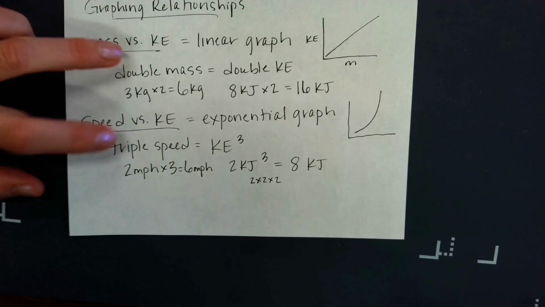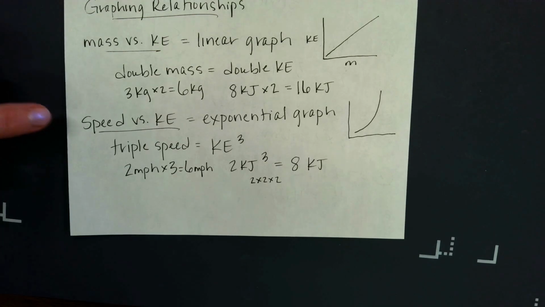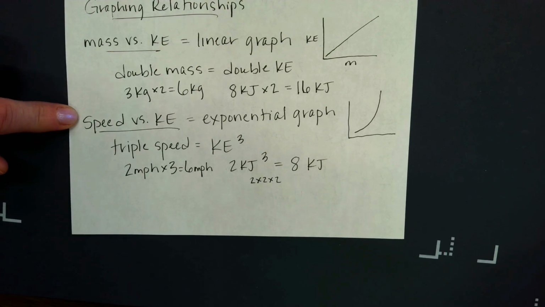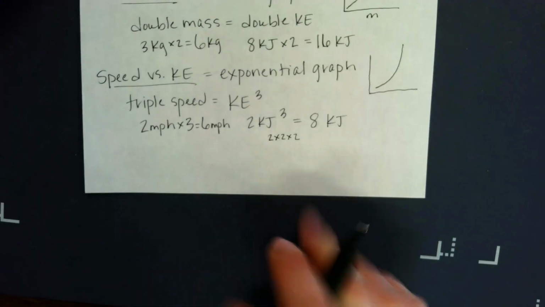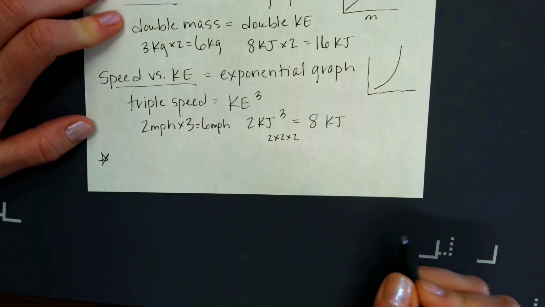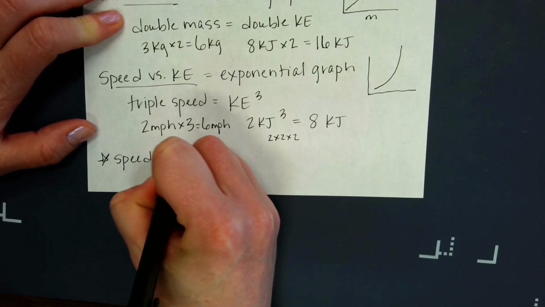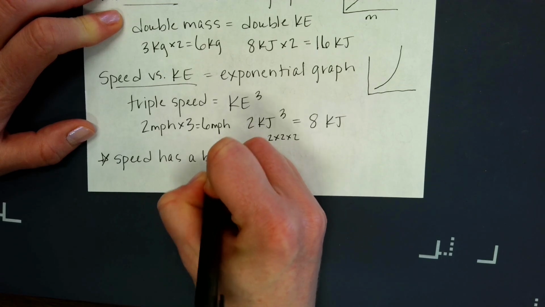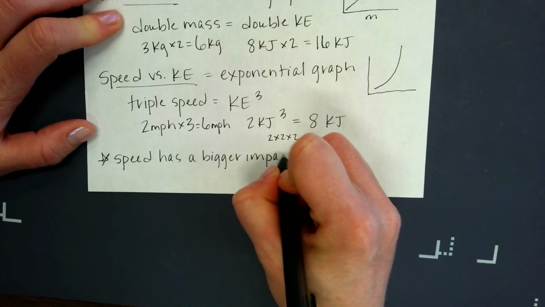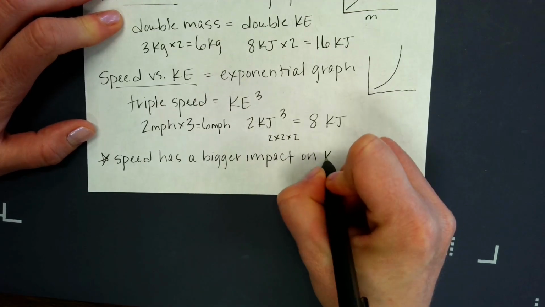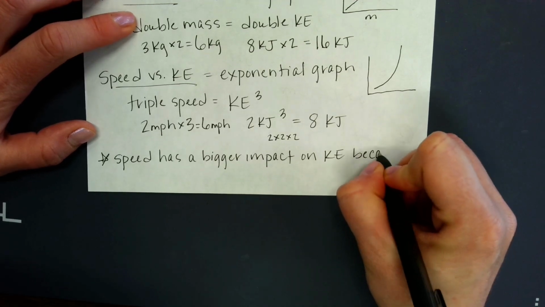All right, so knowing what we know about the graphing relationships between mass and kinetic energy and speed and kinetic energy, who has a bigger impact? Speed does. So let's write that down. Speed has a bigger impact on kinetic energy. Okay? Because why? How can I tell?